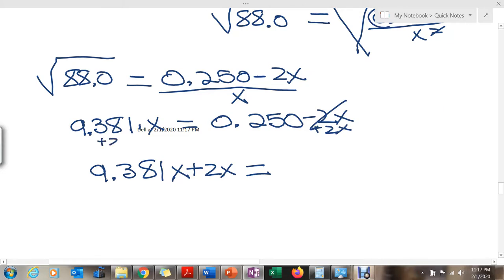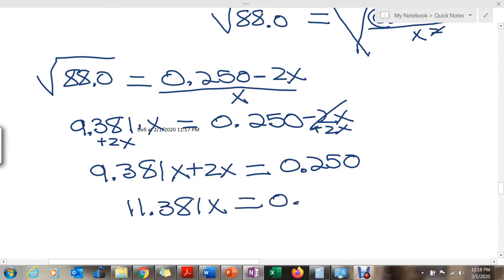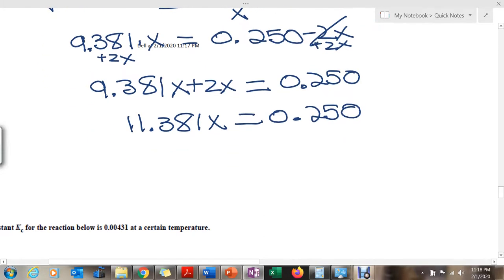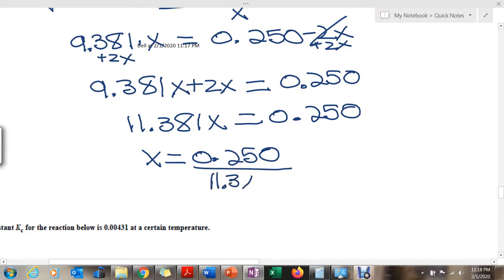And that is going to be 9.381x plus 2x equals 0.250, and it's going to be 11.381x equals 0.250. So x would be 0.250 divided by 11.381.